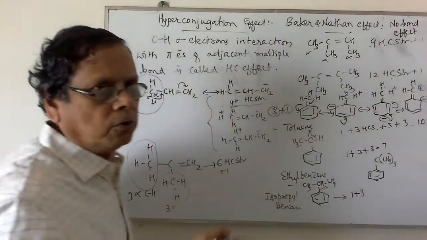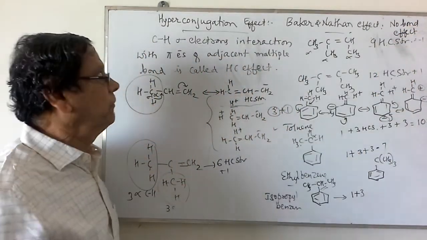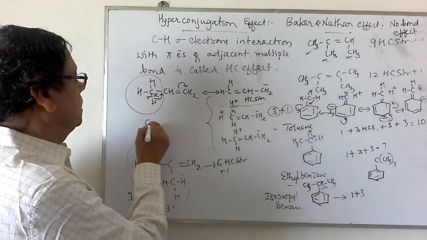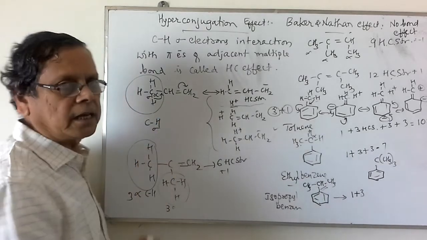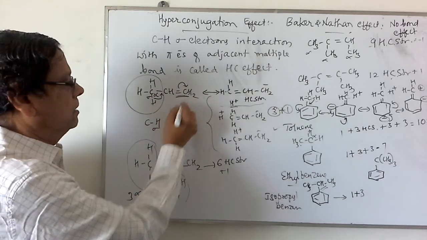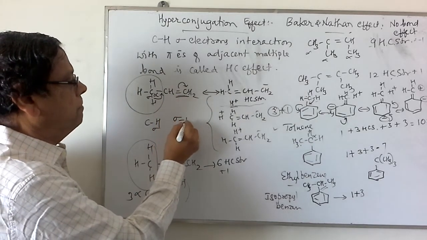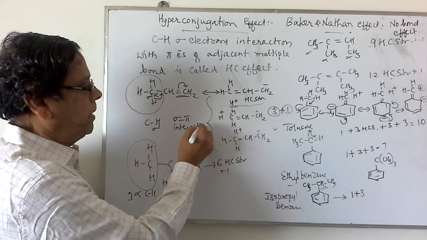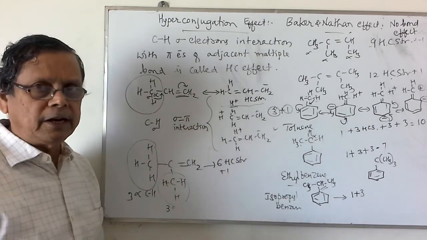So it is called no bond effect, Baker-Nathan effect or hyperconjugation effect. And since carbon hydrogen sigma electrons are involved, so this is interacted with this pi electrons. So it is also called as the sigma pi interaction.